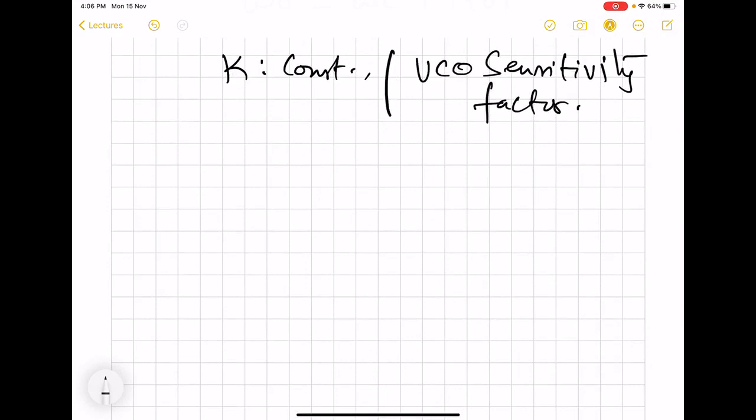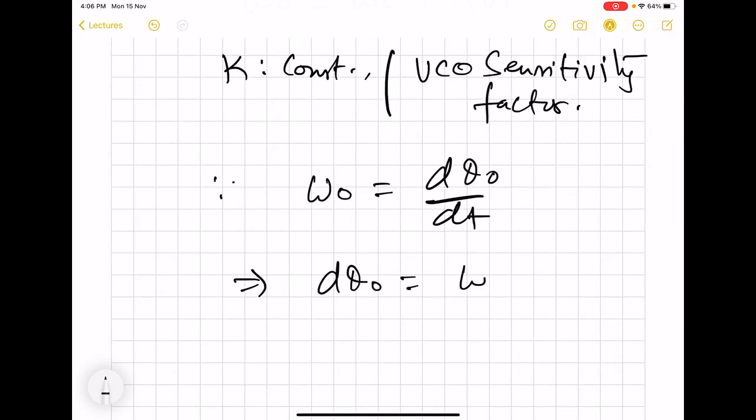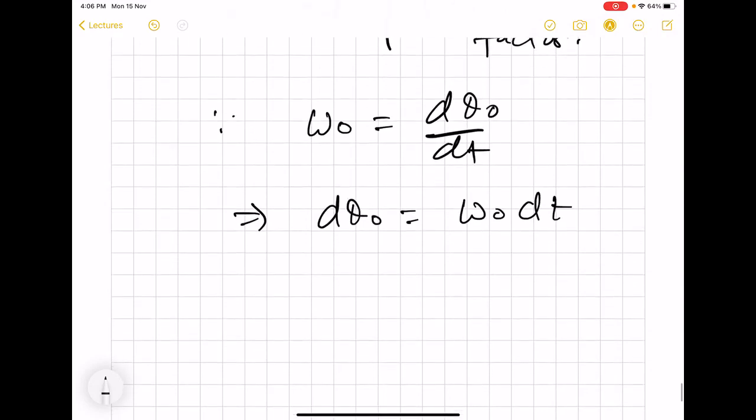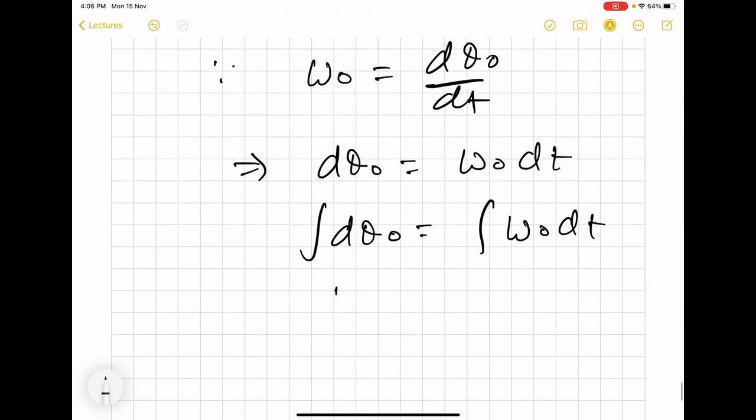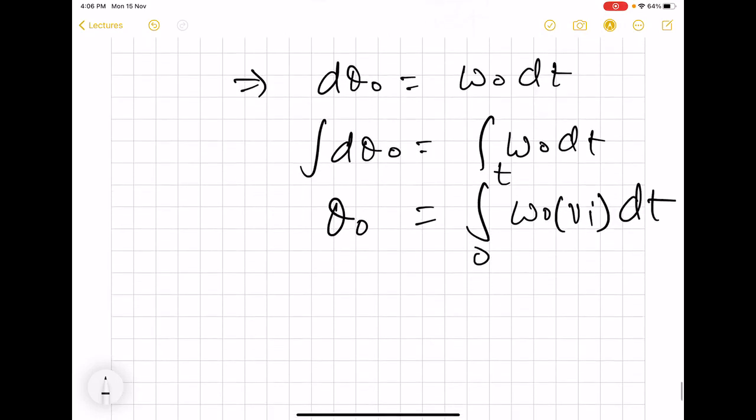And since we know that output frequency and phase are related in this way, the sine function can be, strictly speaking, written in this form, assuming that the initial phase is 0, from 0 to a certain t, and this omega naught will be determined by the input voltage.